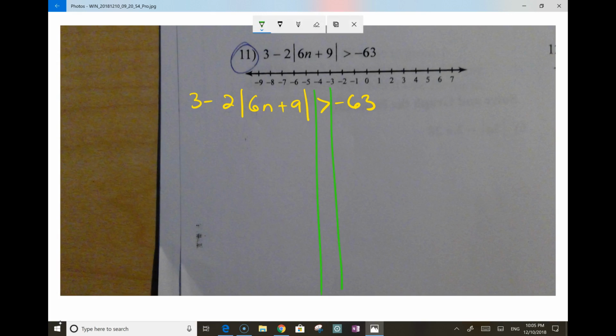Okay, so as I said before, you want to eliminate anything outside the absolute value. So you don't want to take that negative 2 and distribute it. That's not going to work. You don't want to subtract 9. You can't pull anything out of there. And you definitely don't want to divide by 6 right away. You cannot do that either. So what you want to do is eliminate everything outside. So I'm going to start with this 3.